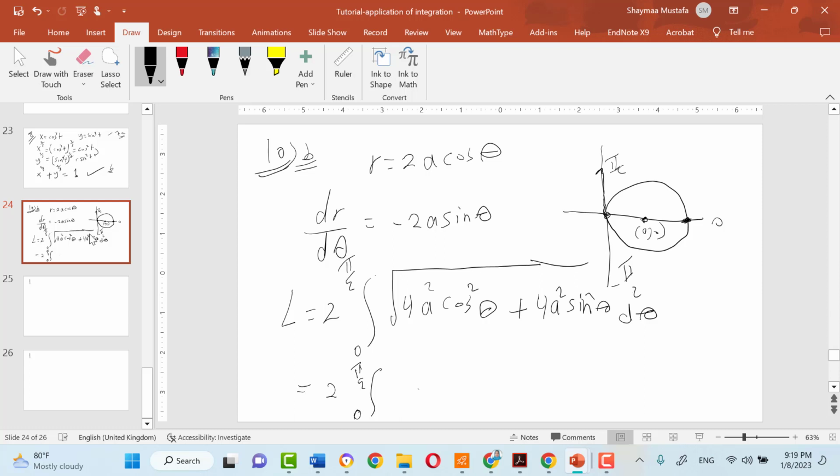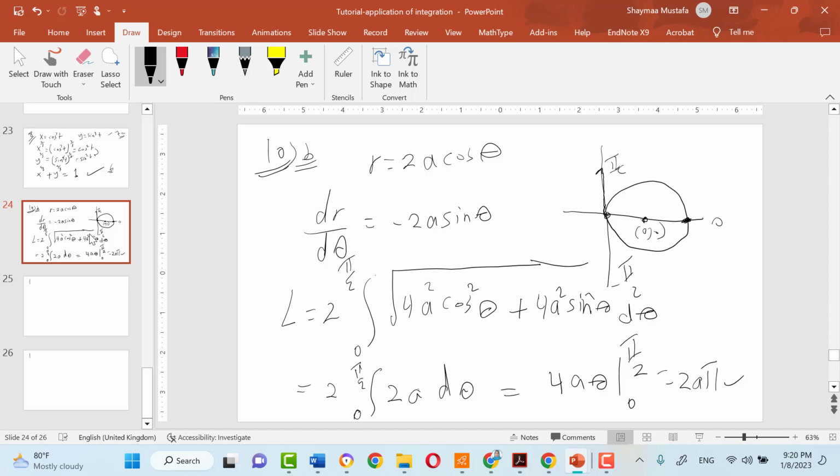This one becomes 2a because cosine square plus sine square is 1. So under the square root, 4a square is 2a d theta. So you have 4a theta from 0 to pi over 2, so it's equal to 2a pi. This is question 10b.